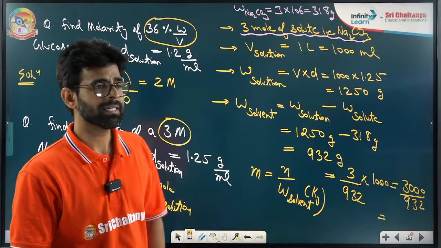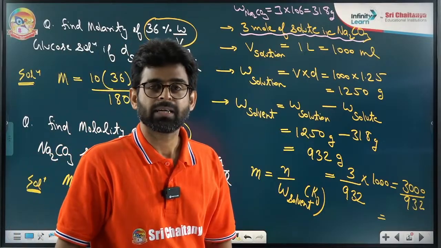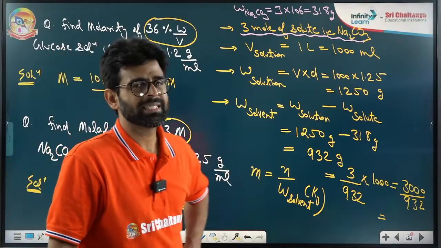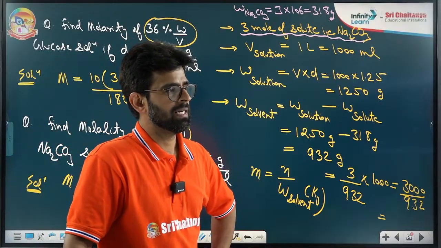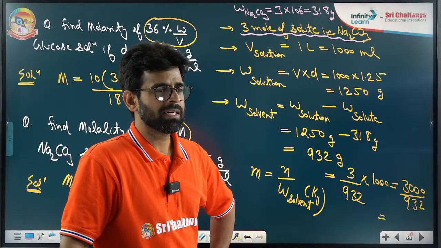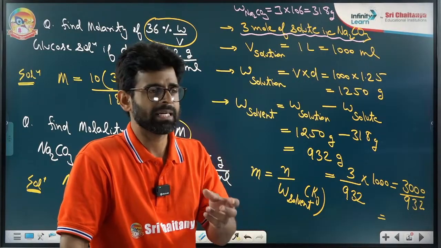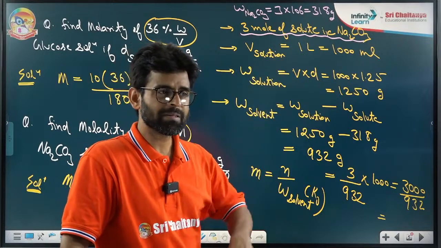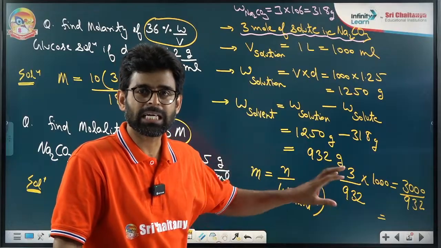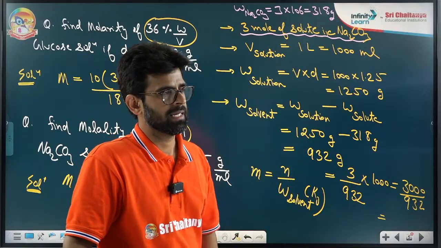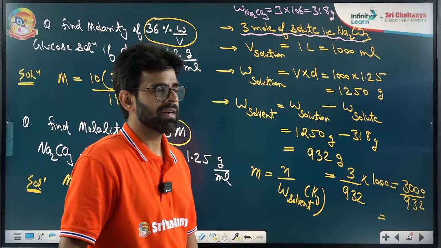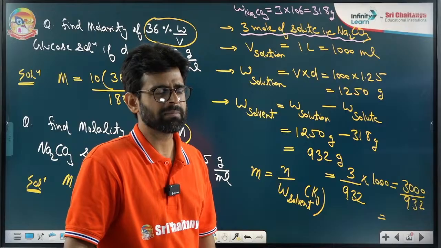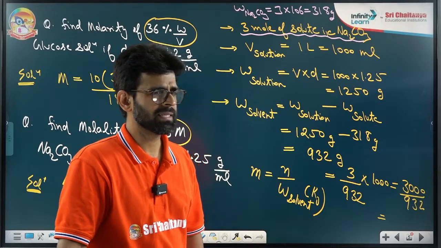So 3000 divided by 932 is coming. If you solve this, what is coming? Tell me how much is coming. Everyone, give me the answer. Then we'll write a shortcut also so that you can save your time. The concept remains the same. The shortcut just tells you the last point directly. If I divide 3000 by 932, definitely 3 point something will come, right?